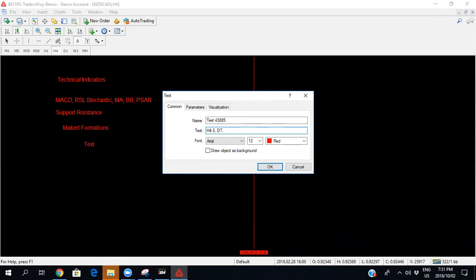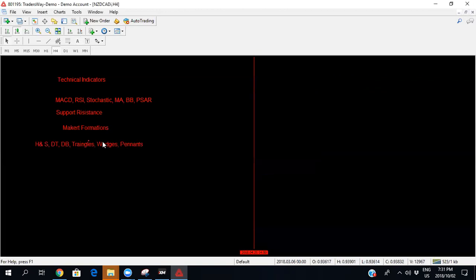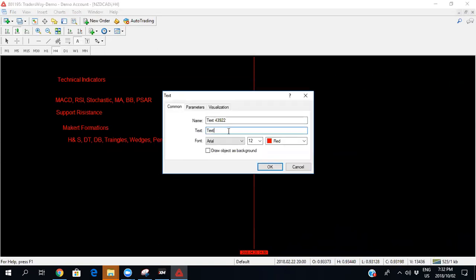We have your double bottom, which is DB. And then you have your triangles. You have your wedges, rising and falling wedges. Then you also have your pennants. These are your market formations. Then you have your other market formations, which we call harmonic patterns.